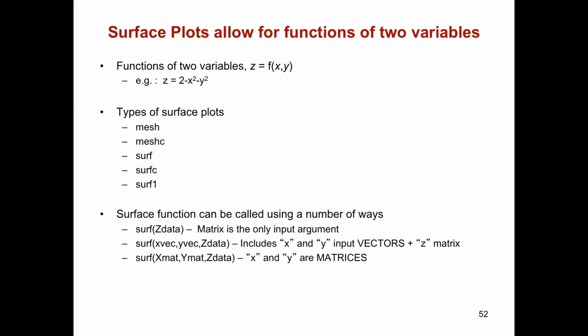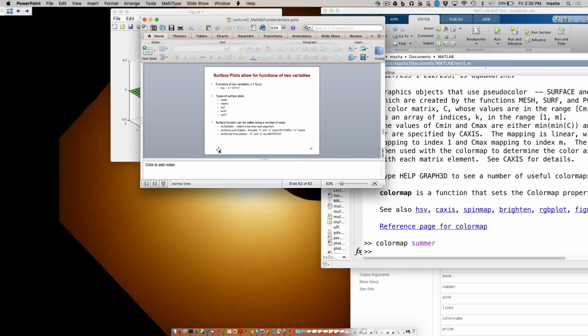If you don't give it any x and y's, if you just have a matrix Z that you're gonna plot, it's just gonna take those z's as elevations, okay? And it's gonna assign x and y's from 1 to however many points you have. That could work, okay?